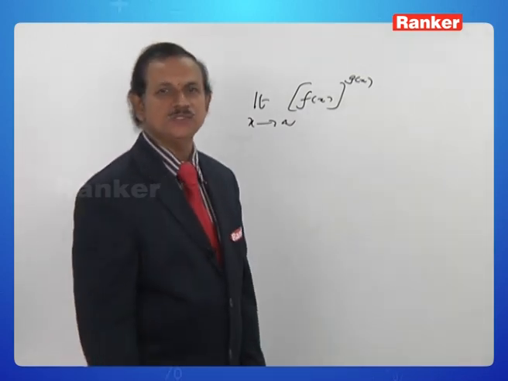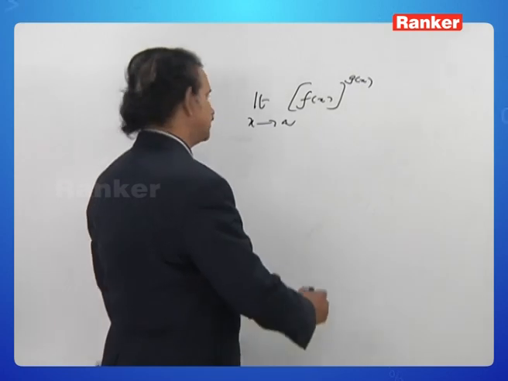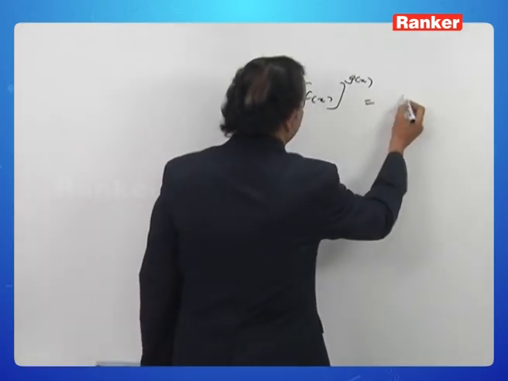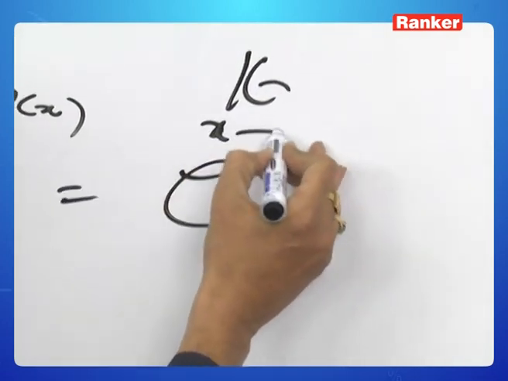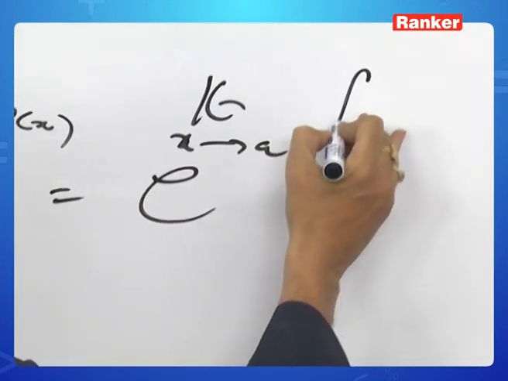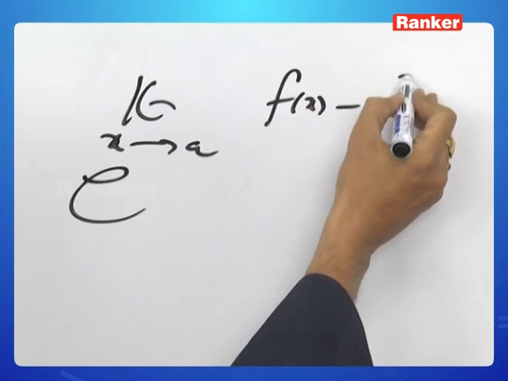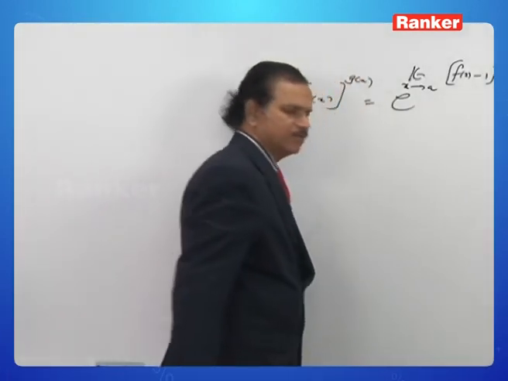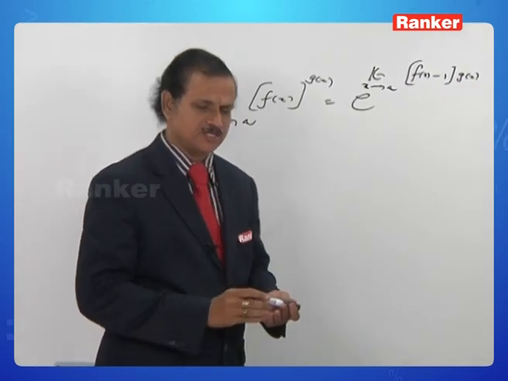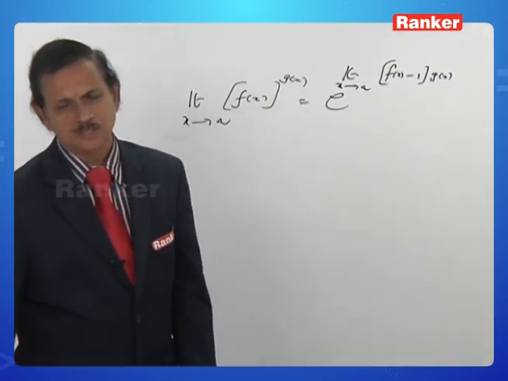Then what can we say? This is nothing but e power limit as x tends to a of (f of x minus 1) into g of x. By usual simple manipulation, we will be able to have this.